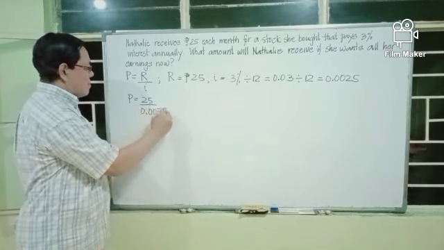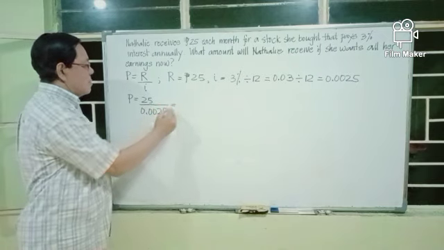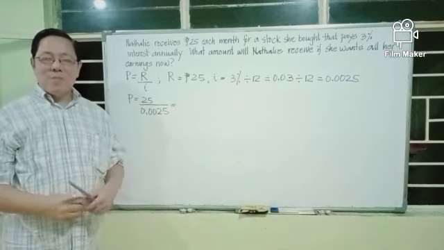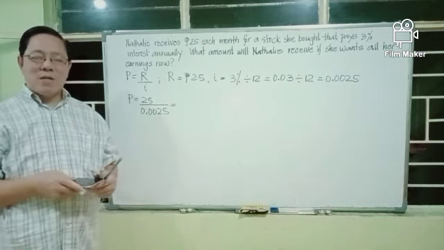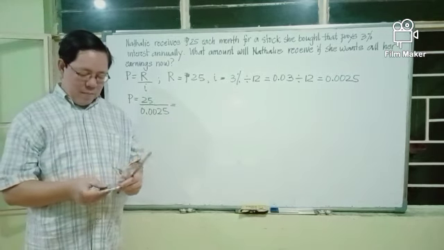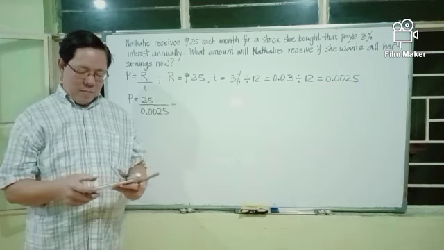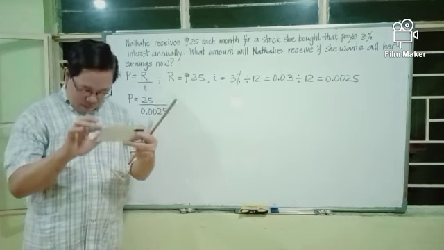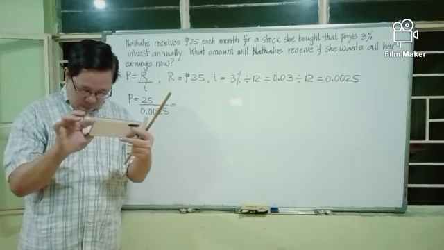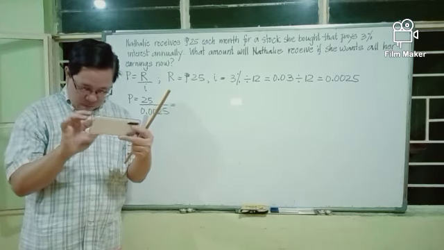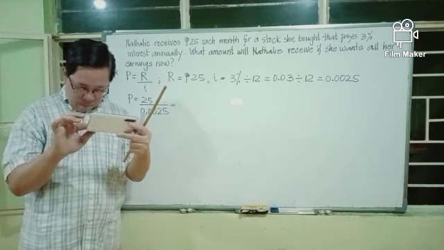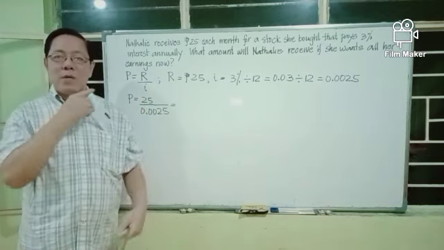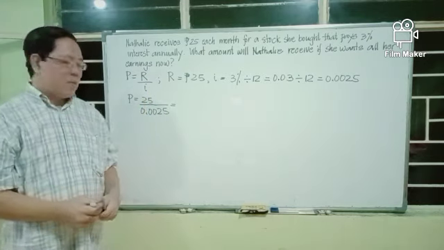And we divide 25 by 0.0025. And you should get 10,000 pesos.